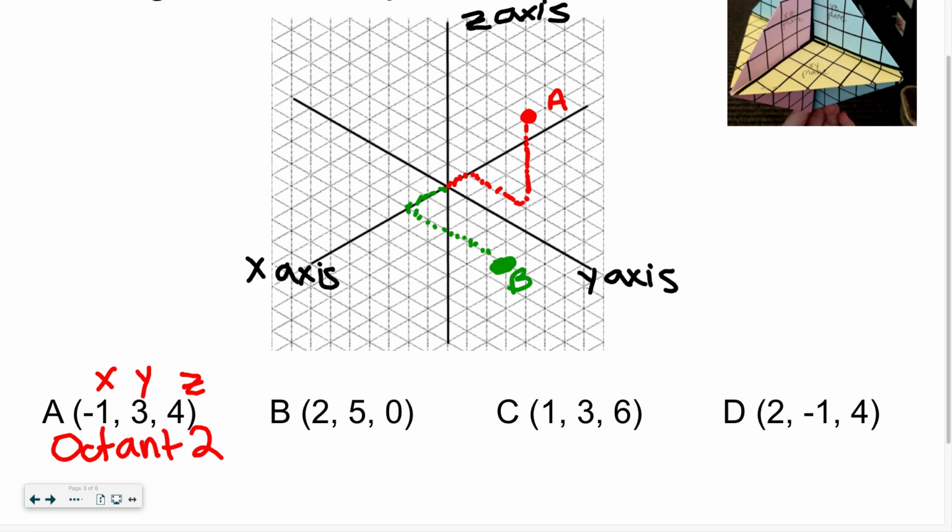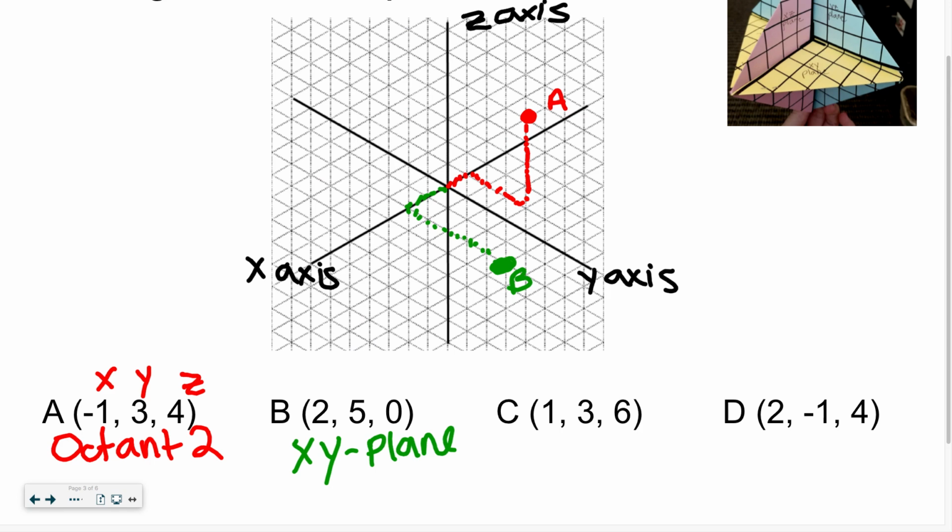On the plane. On which plane? The XY plane. You haven't moved off of the floor. You're on the yellow. Okay. So this is on the XY plane. If Z is 0, Z is not in the plane that you are on. Right? You are on the XY plane. You have no Z value.